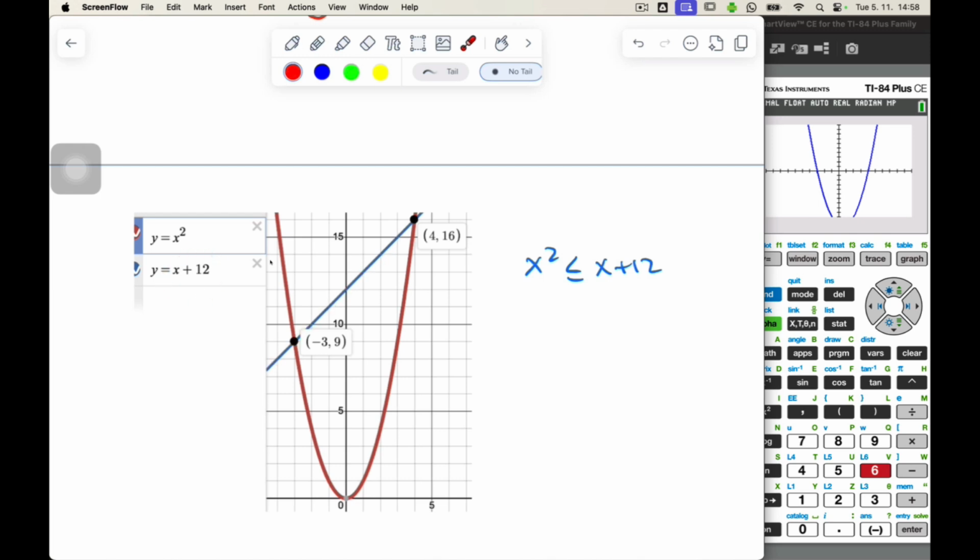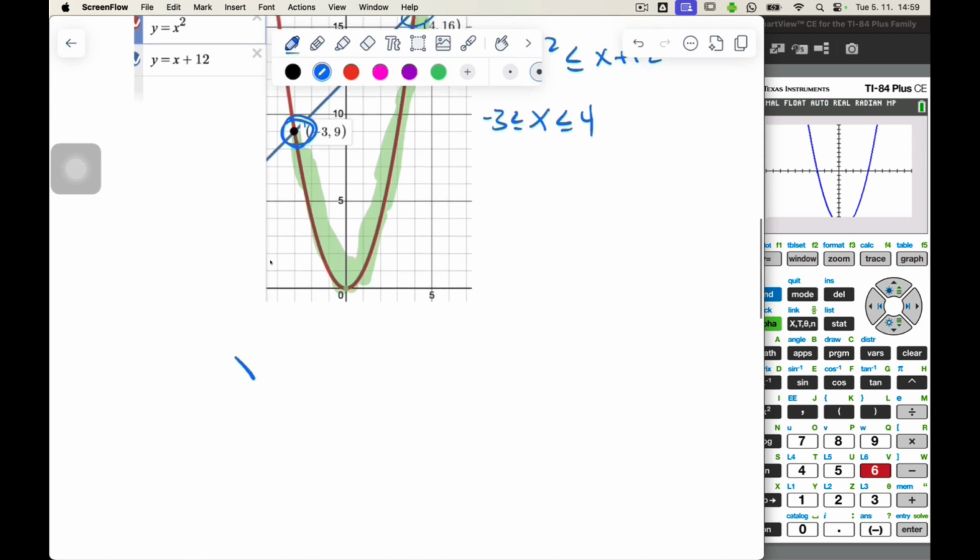This is asking, when is x squared less than x plus 12? Well, less than implies below. So here is where the x squared graph is below the blue graph, and you can see that's from negative 3 to 4.